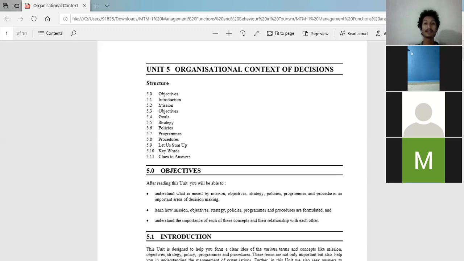So first you have to decide the mission, then decide the objective, then decide the goals. Then you have to decide the strategy. According to the strategy, you decide your policies, according to the policies the programs, and according to the programs the procedures: what are the procedures to follow to carry the programs out.